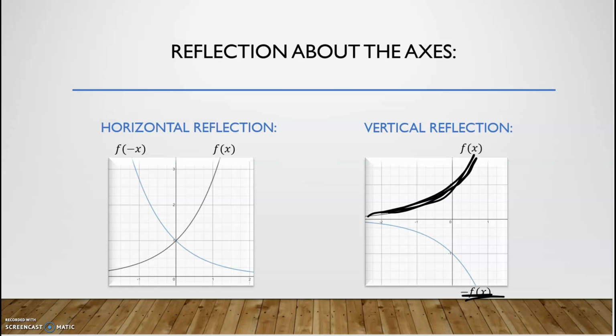Now if we have a negative f of x, well, that means all of our positive y's have now become a negative y, so that throws it down here or over our x-axis. Okay, so our x-axis. So that would be a vertical reflection.